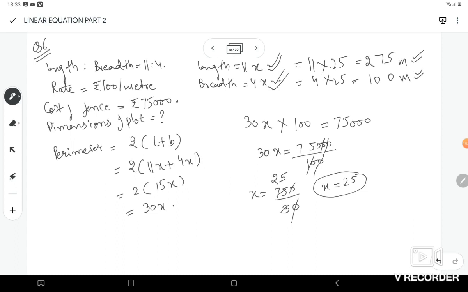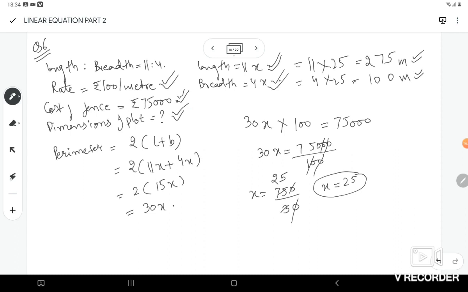The rate for fencing is 100 rupees per meter. It will cost the village 75,000 rupees to fence the plot. So the total cost of fencing the plot is given as rupees 75,000, and we have to find the dimensions of the plot, that is the length and breadth of the plot.